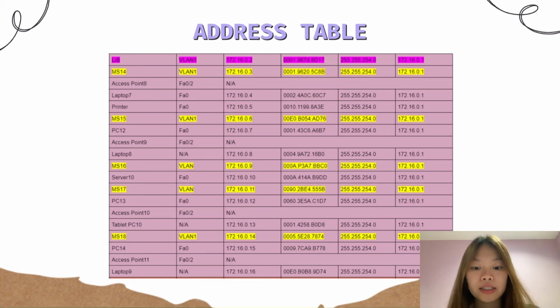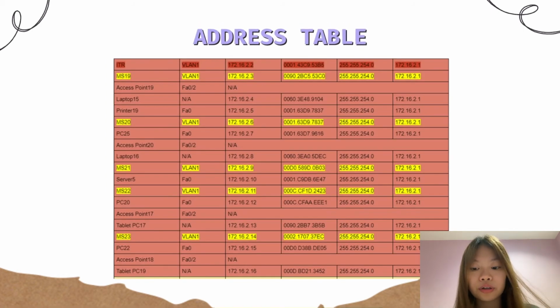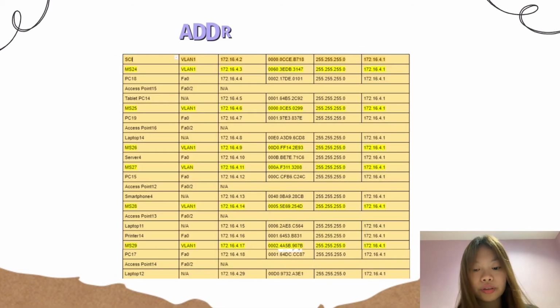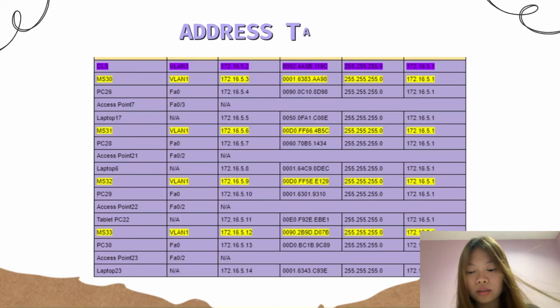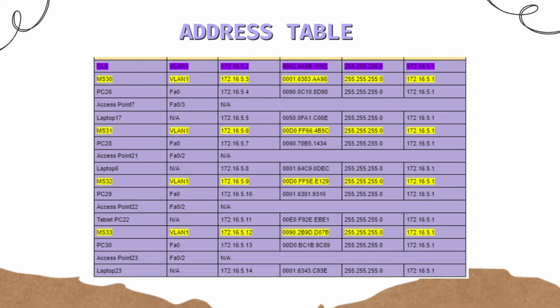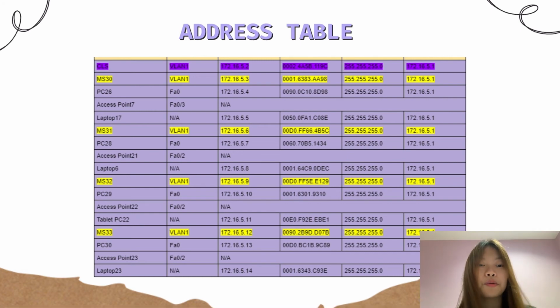This is the library address table. This is the IT resource center address table. This is the science laboratory address table. This is the location C address table. And now I will pass to Li Chui for the next part.